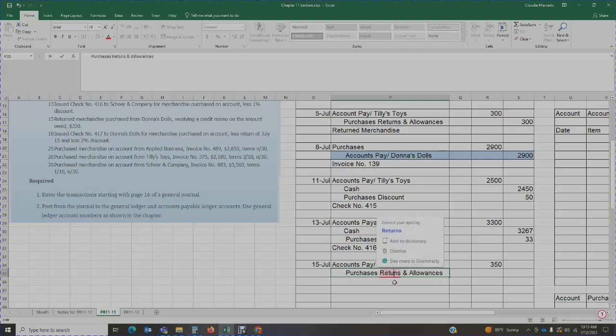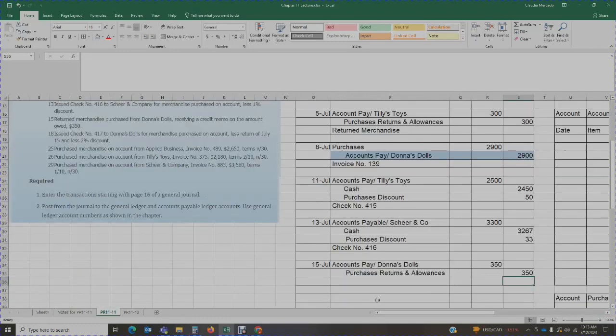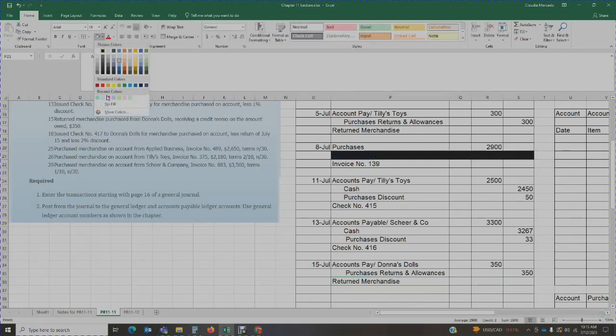I misspelled returns. Okay, there we go. For $350. Purchases, returns, and allowances. If you look at purchases, returns, and allowances, the normal balance is a credit. So on July the 15th, we returned merchandise. And let me clear this out.